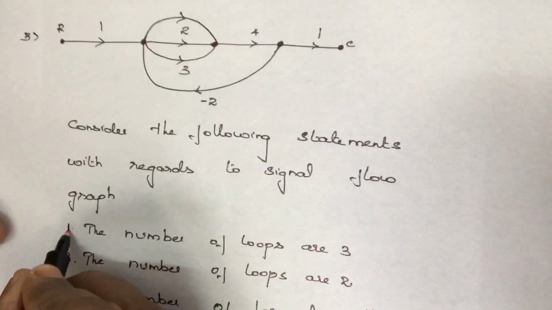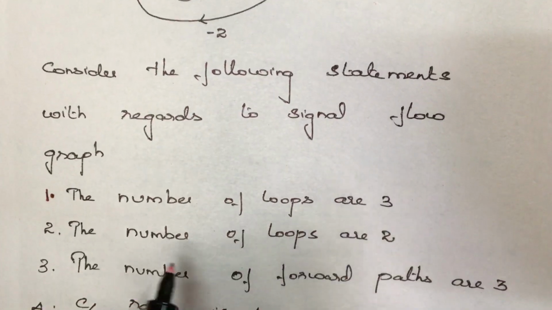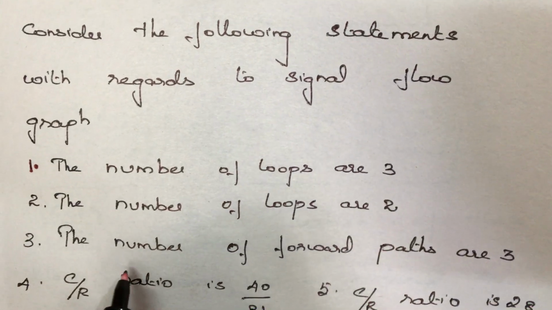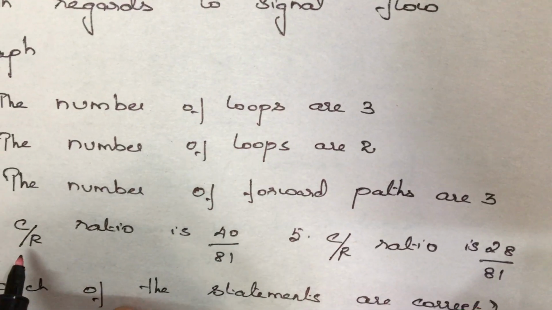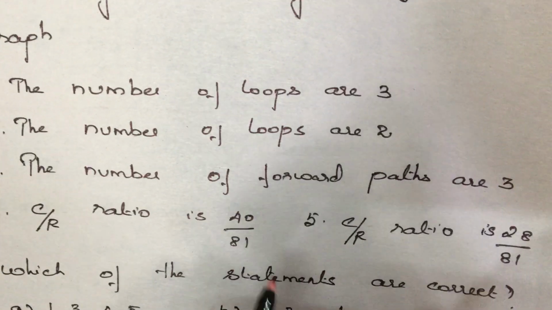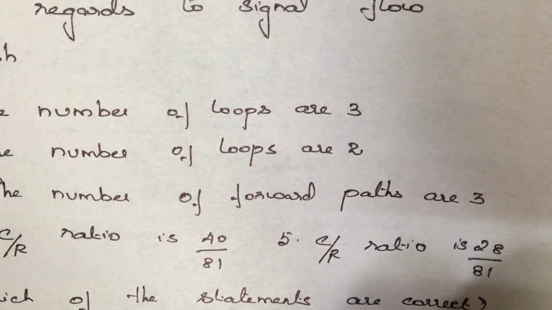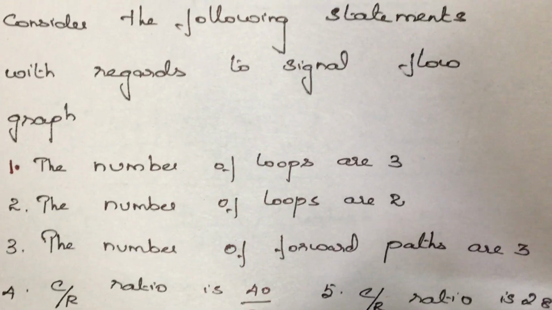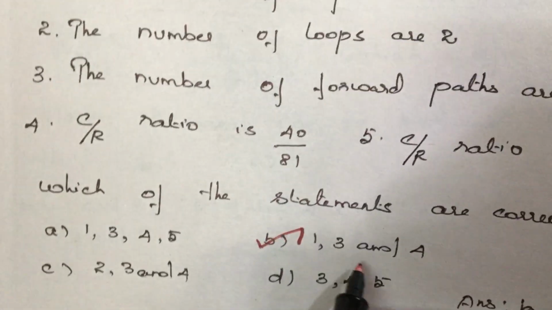The statements are: number 1, the number of loops are 3; number 2, number of loops are 2; number 3, number of forward paths are 3; number 4, the C by R ratio, that is the transfer function output, is 40 divided by 81; and number 5, C by R ratio is 28 divided by 81. The correct answer for this is option B, 1, 3, 4.